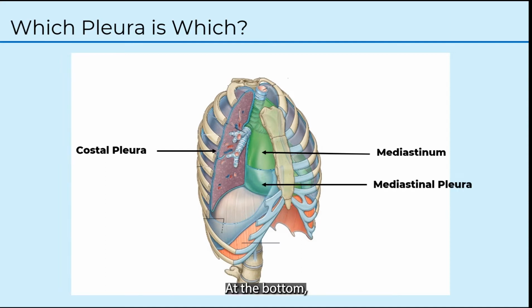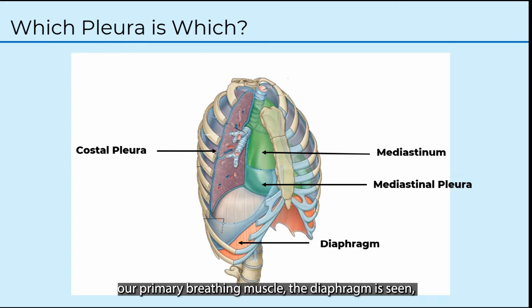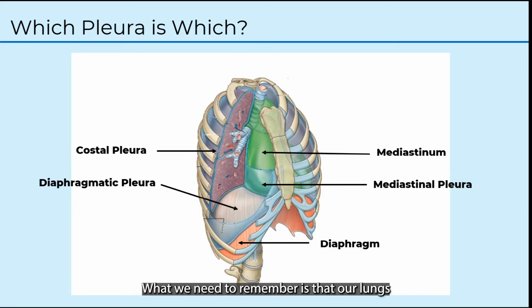At the bottom, our primary breathing muscle, the diaphragm, is seen. The pleura that lies over this area is therefore called the diaphragmatic pleura. What we need to remember is that our lungs do not completely fill the pulmonary cavities, but each pleural cavity does fill the pulmonary cavities. This means that there are spaces within the pulmonary cavity where the pleural cavity can hold more fluid than the tight spaces our lungs fill higher up in the thorax.